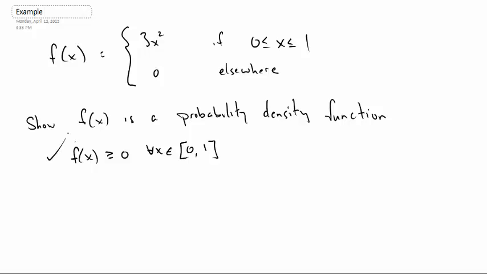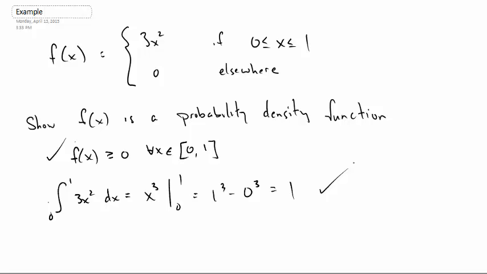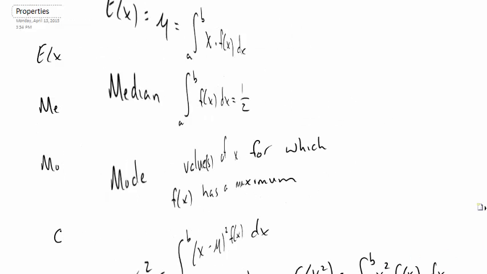The second condition that has to be met is the integral from 0 to 1 of f of x, so 3x squared dx, needs to be equal to 1. So let's integrate. We get x cubed evaluated at 0 and 1. Substituting our limits of integration, we get 1 cubed minus 0 cubed, or 1. There's our second condition. Therefore, f of x is a probability density function.